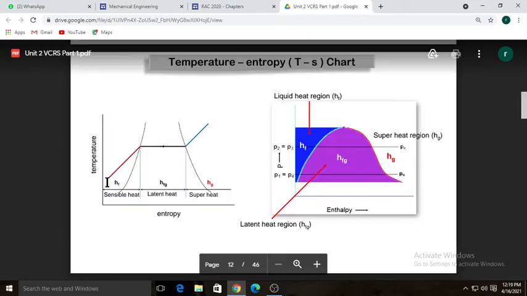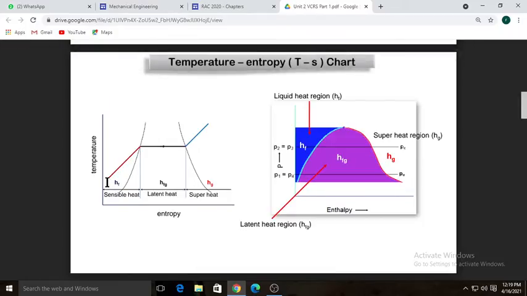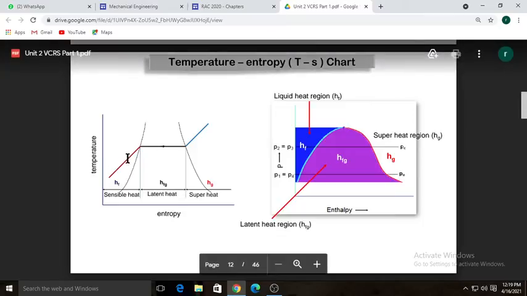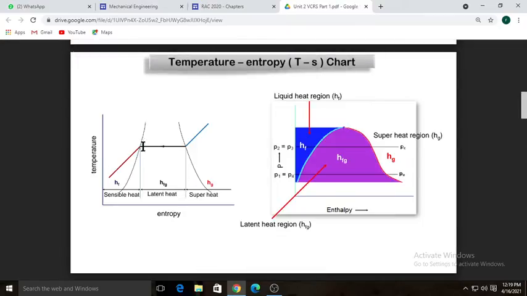When we start heating the ice, as the temperature increases, its entropy also increases. When the temperature of the ice comes to 0 degrees centigrade, all the ice gets converted into liquid.